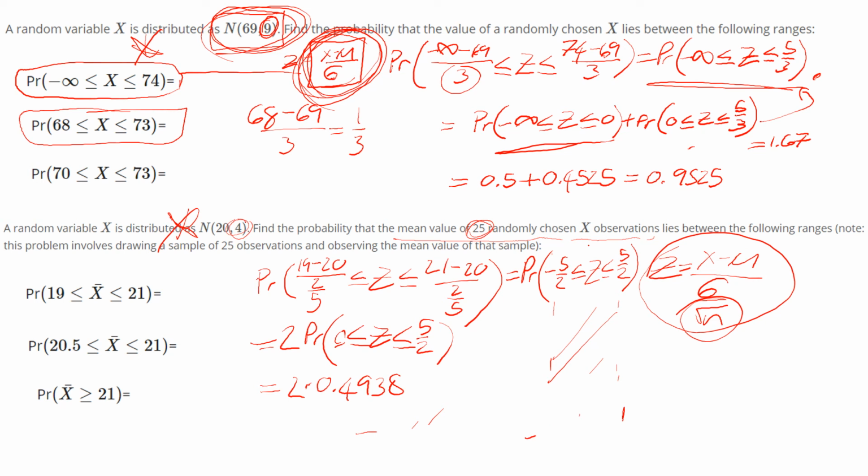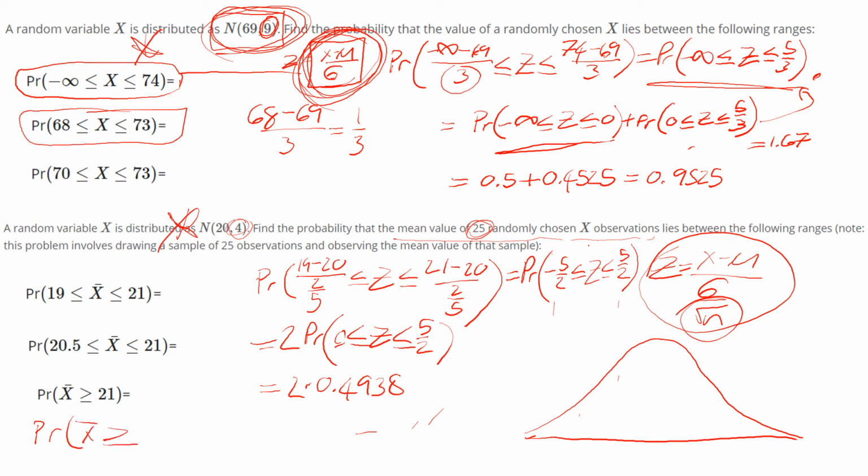In this instance, we've got the probability that X bar is larger than or equal to 21. Transforming that to a Z-score again results in the probability that Z is larger than or equal to 5 over 2.